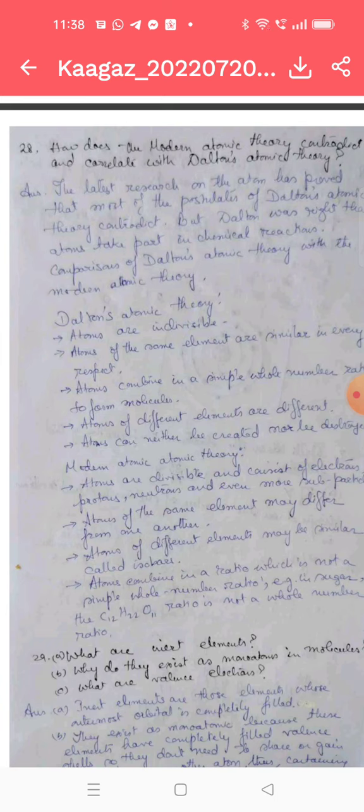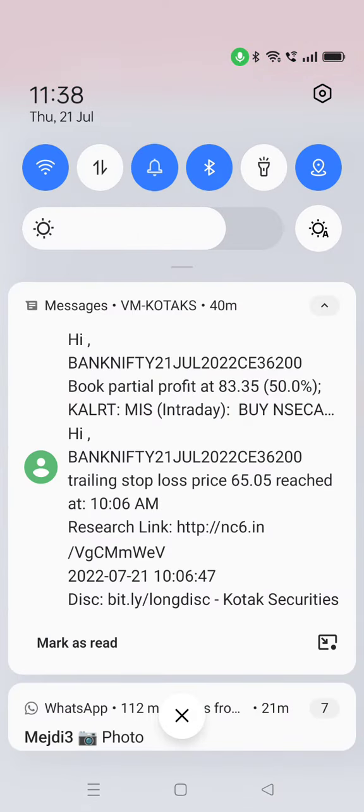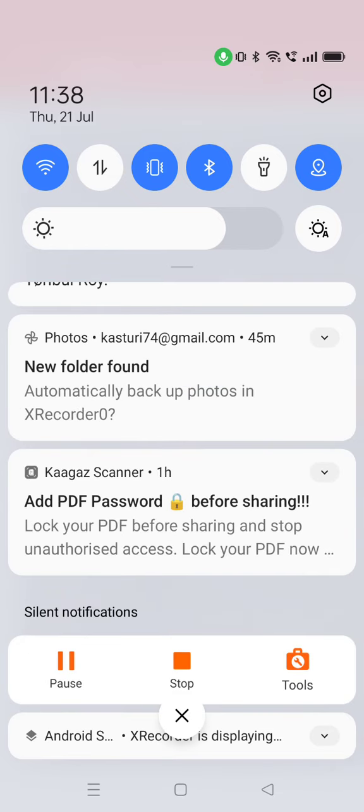Then atoms combine in simple whole number ratio to form molecules, but according to modern theory, atoms of different elements combine in a ratio which is not a simple whole number ratio. Example, sugar, in which carbon is 12, hydrogen 22 and oxygen 11, the ratio is not a whole number ratio.